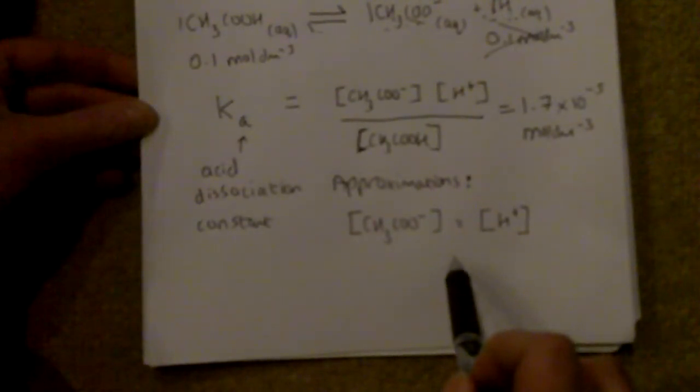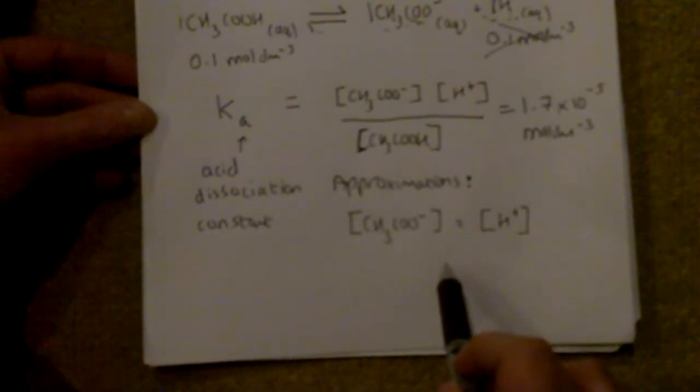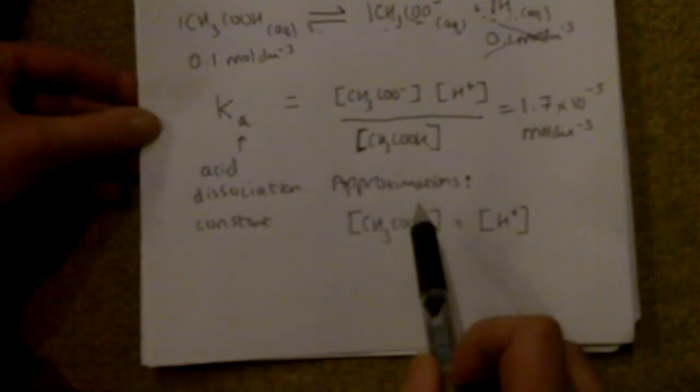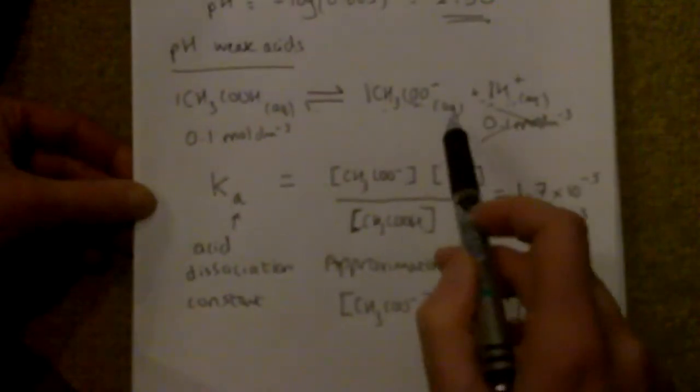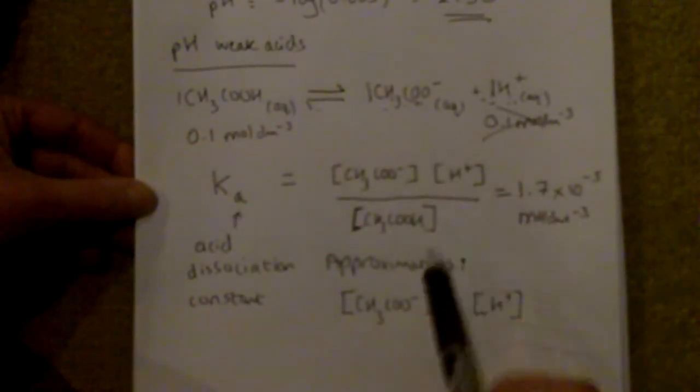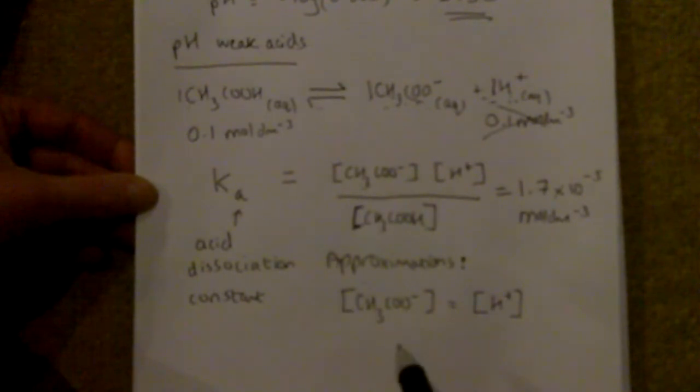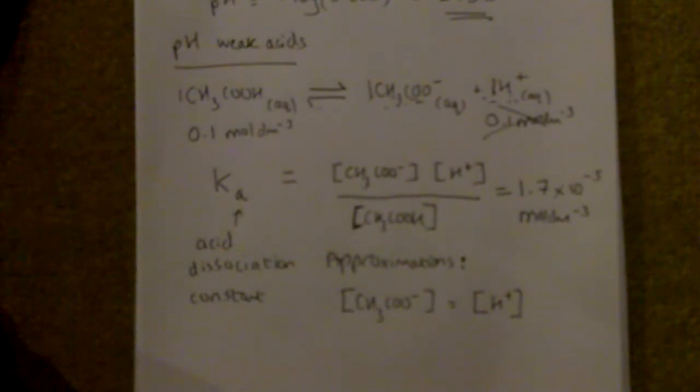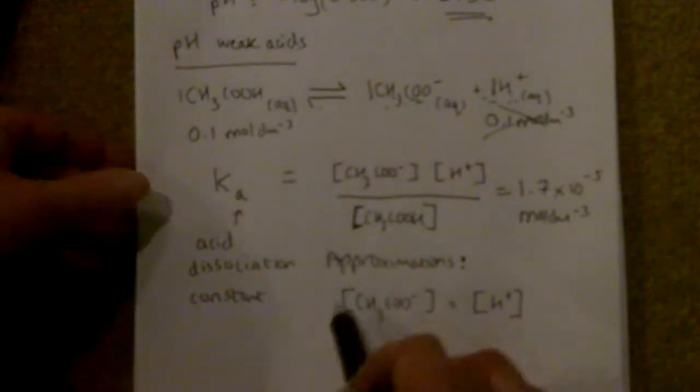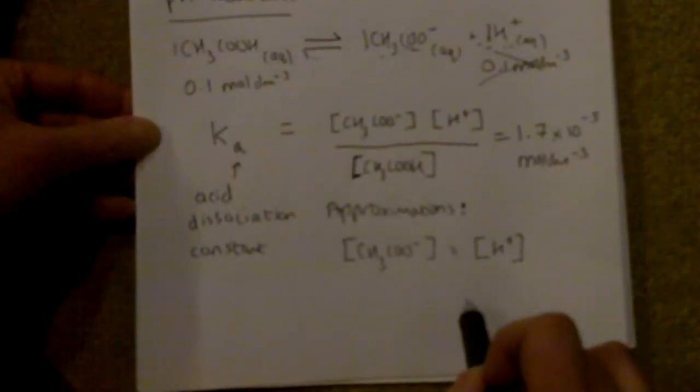Now this is not exactly the case, because there is water present, and water will very slightly dissociate and split up and generate H+ ions, but that's quite negligible. It's quite a small effect, so we make the approximation that that equals that.